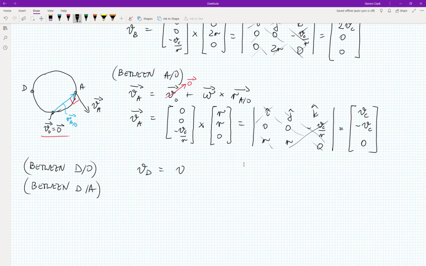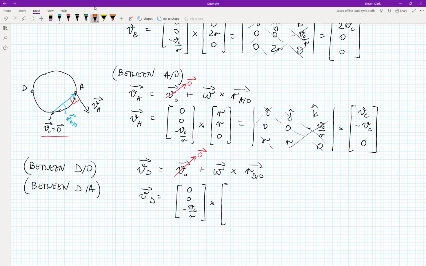VD is equal to VO plus omega times RDO. Again, this guy is 0, vector. So this will be exactly what you've seen already, times this vector, and I bet that all of you know that this vector is here.